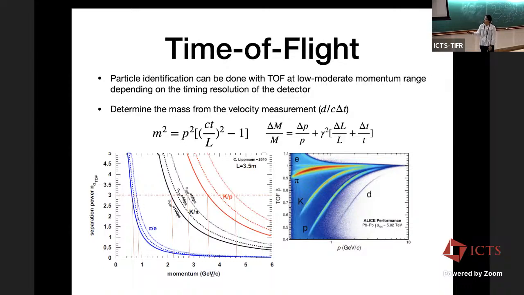Let's look at kaon and pion. If I have 2 GeV kaons and pions and want to separate by 3 sigma, I can just have a 100 picosecond detector. If I want to go to 3 GeV, then I should have 60 picoseconds of time resolution in order to have the separation that I want.